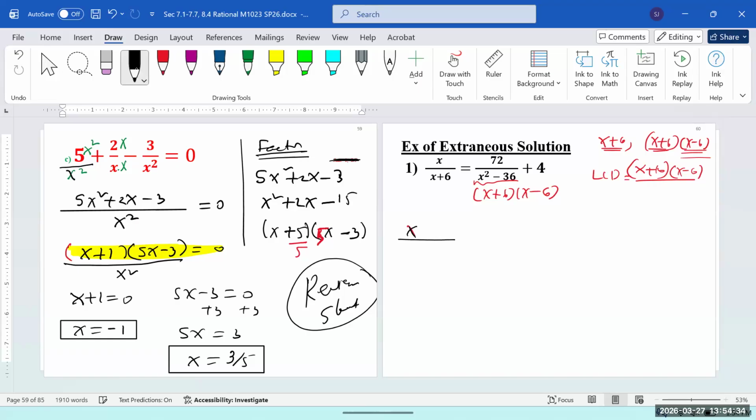We have x over x plus 6, and then 72 over x plus 6, x minus 6, plus 4. I would recommend not to copy. This will be in the exam, but I'm going to show you the correct method later. This is not the correct method. This is correct, but that will get into trouble if you follow this method. What people like to do is get rid of the denominator. So if you don't want to see the denominator, you multiply all the numerators by the LCD.